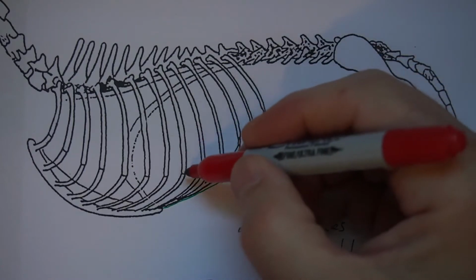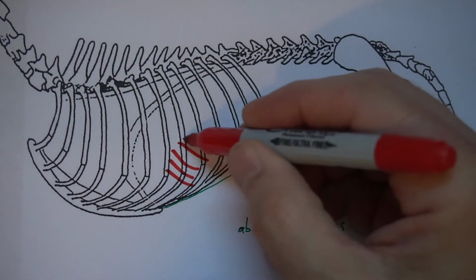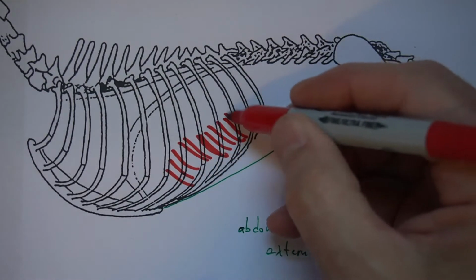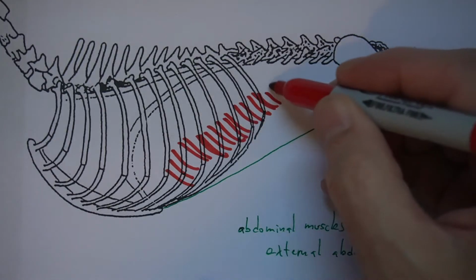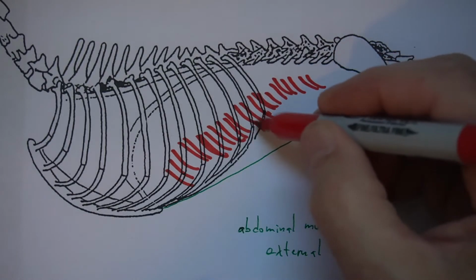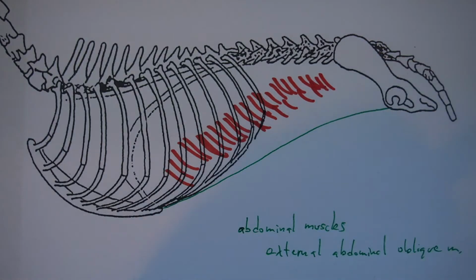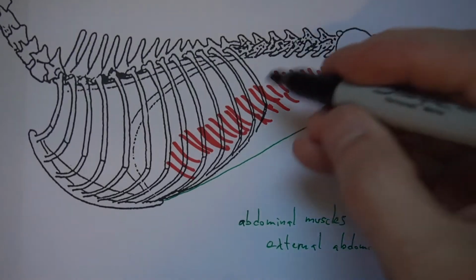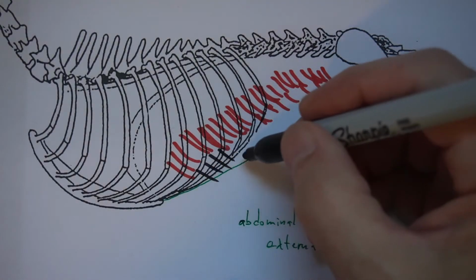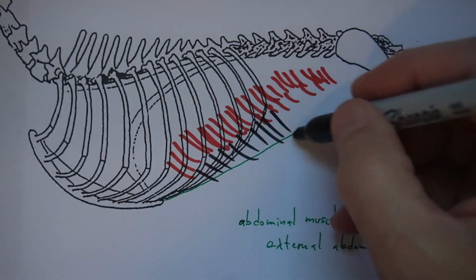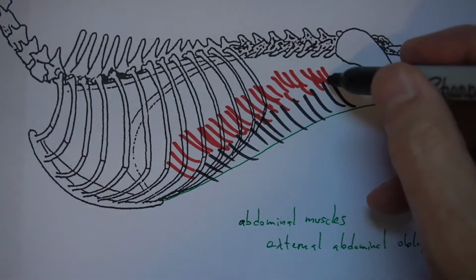It will have fibers that overlap the rib cage in this fashion here. And this muscle, as it comes down, the fibers don't reach the midline. It's got a big aponeurosis, so I'll draw in another color right here. It's got an aponeurosis that comes down like so.